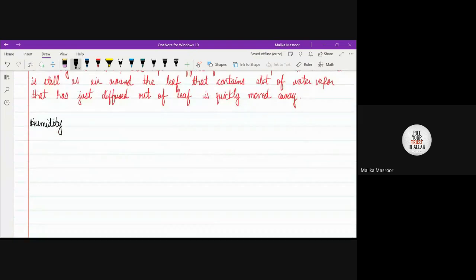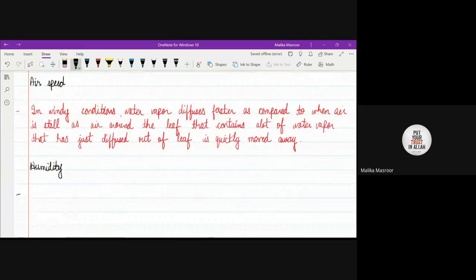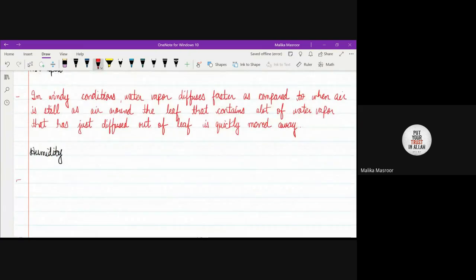It's an inverse relation. As less water vapor will diffuse out of the leaves.